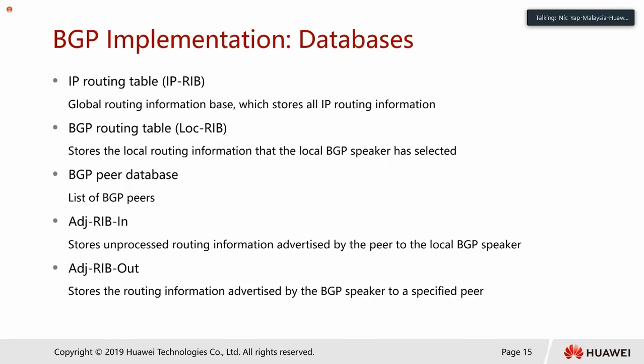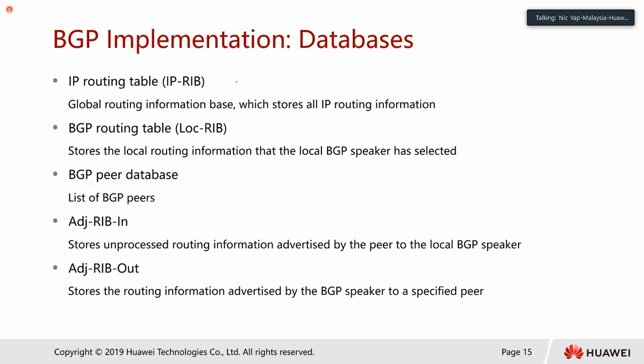Okay, so next is the BGP implementation, the database. So in the database, we have the IP routing table, BGP routing table, BGP peers database, Adj-RIB-In and Adj-RIB-Out. So why do we have so many databases over here?